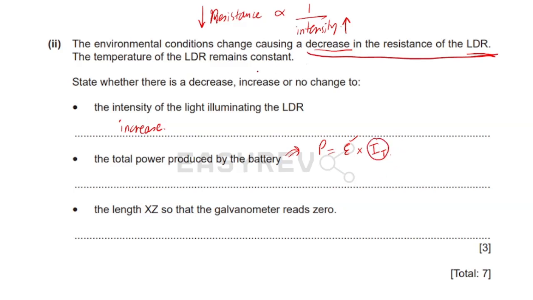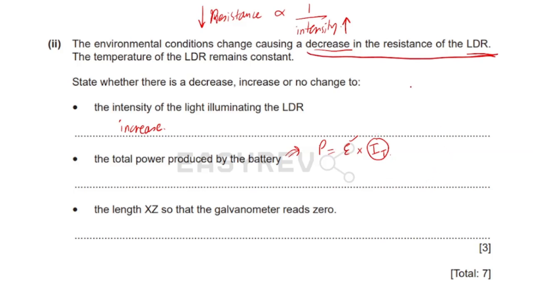Well, let's see. We're told that due to a change in the environmental condition, there is a decrease in the resistance of the LDR. If there is a decrease in the resistance of the LDR, that means there would definitely be a decrease in the total resistance of the entire circuit, right? There has to be.